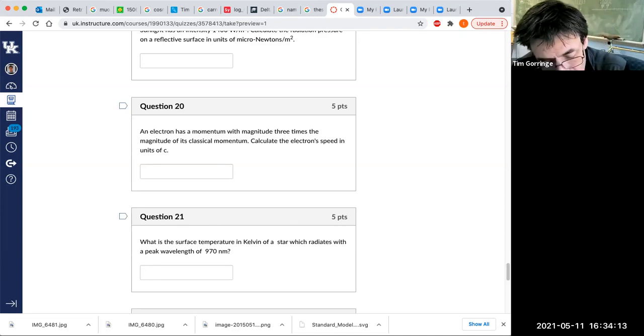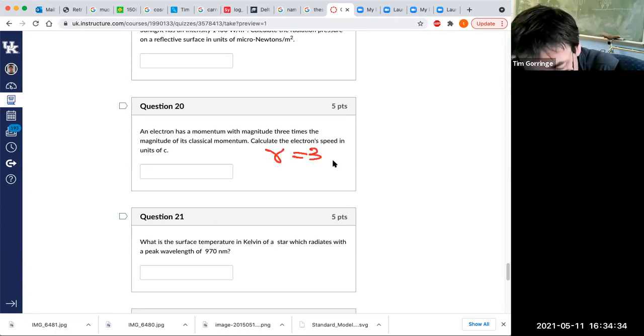If you remember, the classical momentum is mv. The relativistic momentum is gamma mv. The only difference is the gamma. So if the relativistic momentum is 3 times the classical momentum, that tells you that gamma equals 3.